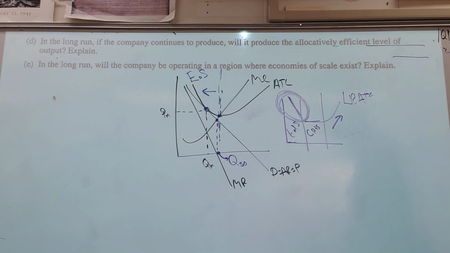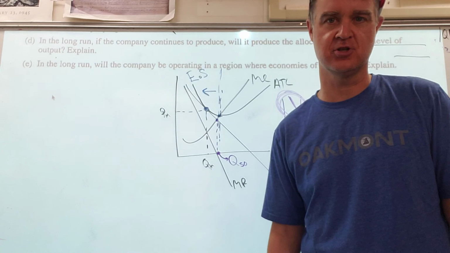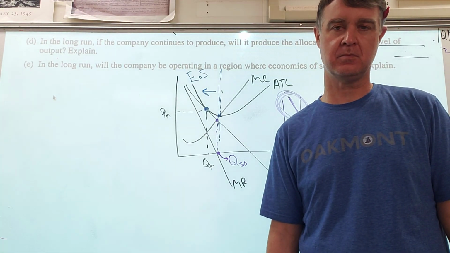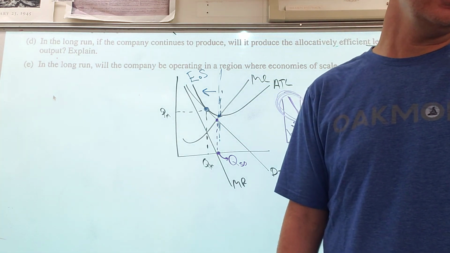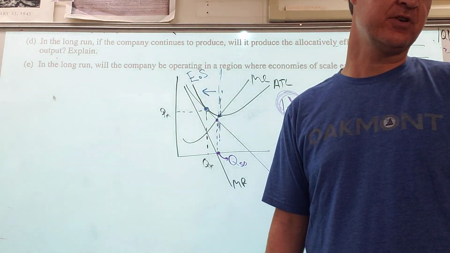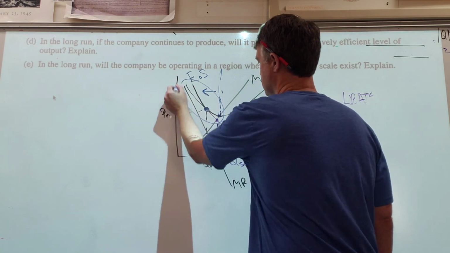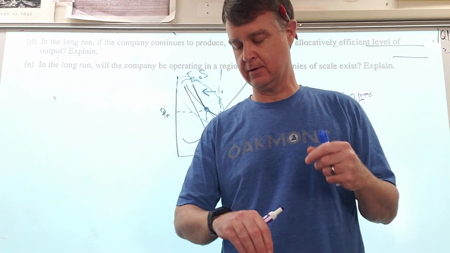This is from a few units ago, so it may not be fresh in your mind, but anytime the LRATC is downward sloping, that means we are producing in the economies of scale. E, are we operating where economies of scale exist? Yes, because we're producing in the region where the LRATC is downward sloping. All right, graph number 2, done.